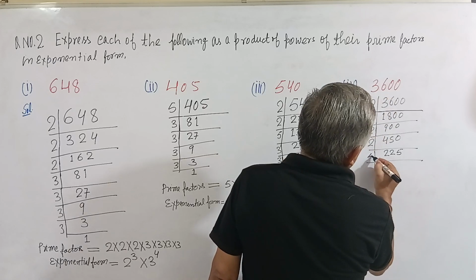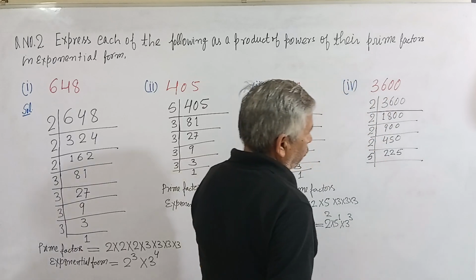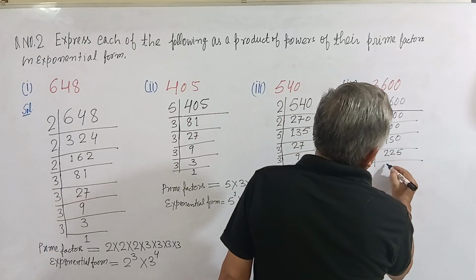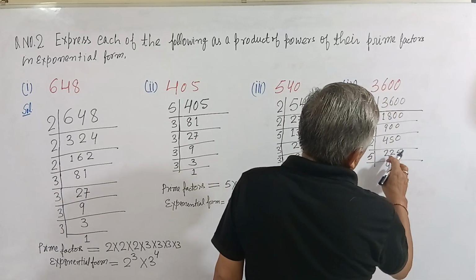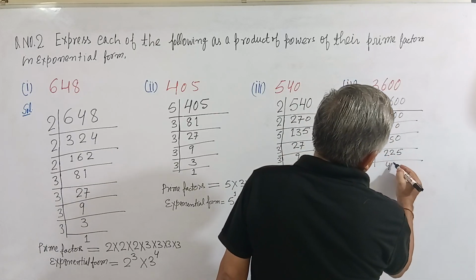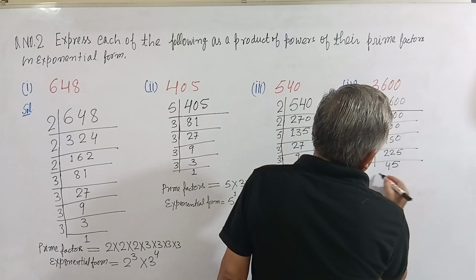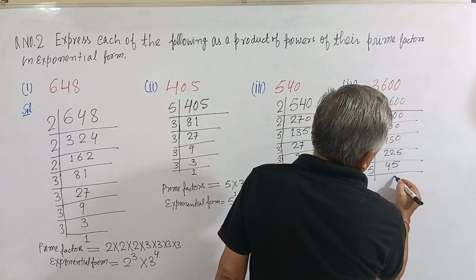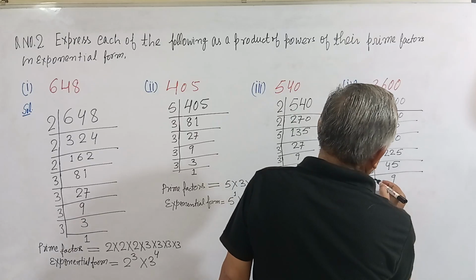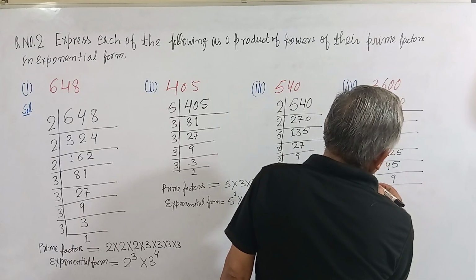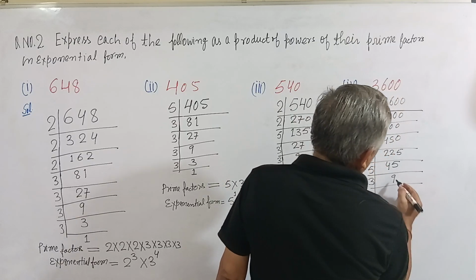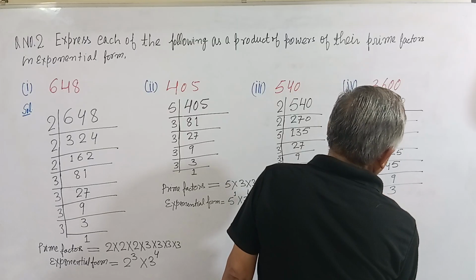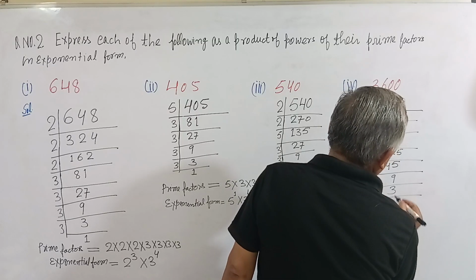Now we will divide with 5. 5 4 ja 20 and 5 5 ja 25. 5 9 ja 45 and 9 will be divided by 3. 3 3 ja 9 and 3 1 ja.